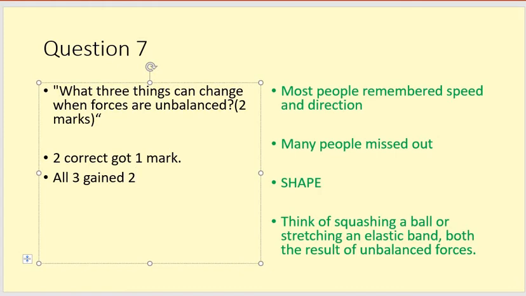Lots of people missed out shape. Now we're thinking about our practical we did on balanced and unbalanced forces, and we had stress balls that you could squash, we had elastic bands you could stretch, and with both of those, when you had the unbalanced force, the shape of the object was changing. That's your examples. Okay, so that's one we need to be careful of.